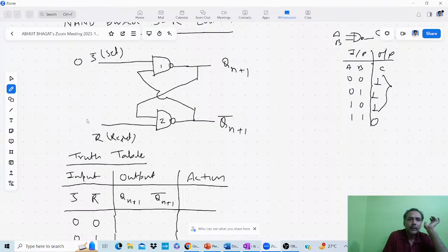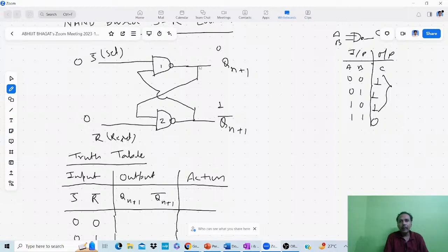So when both are 0 0, S bar is 0, R bar is 0. In that case, suppose the previous output is, you can consider either 0 or 1, no issue. If suppose it is 0 previously, then it will be 1.